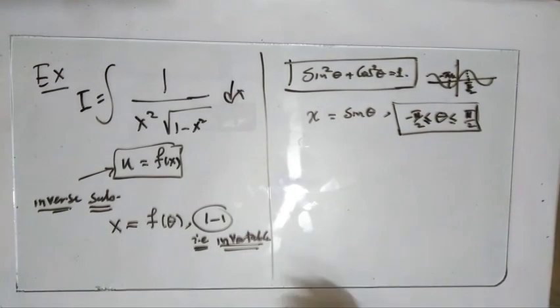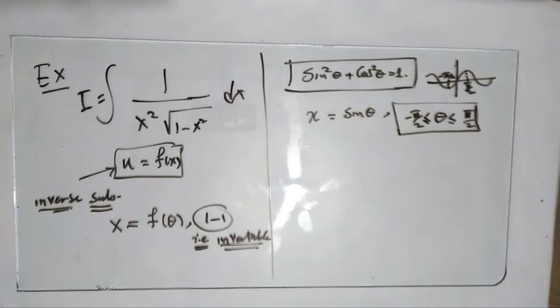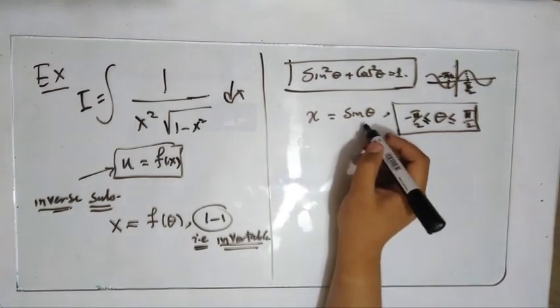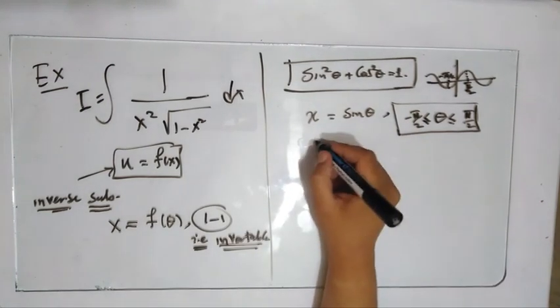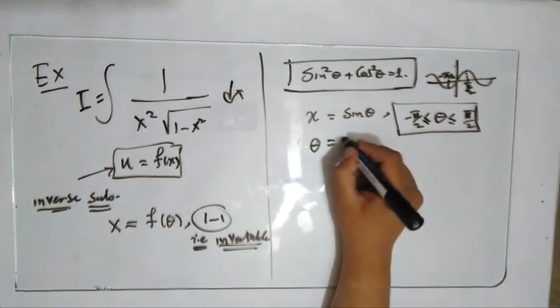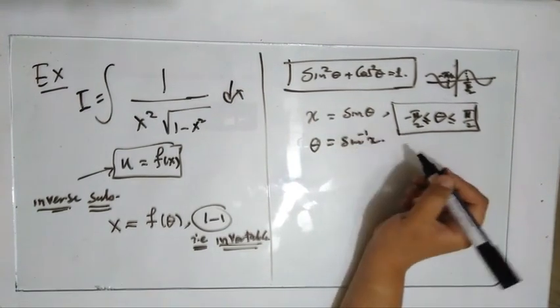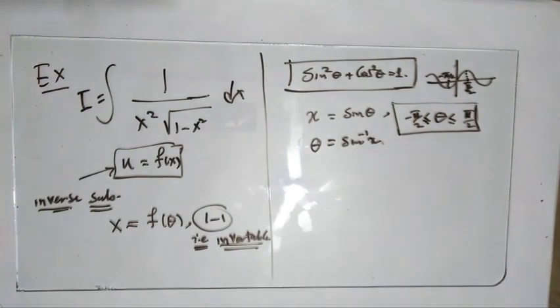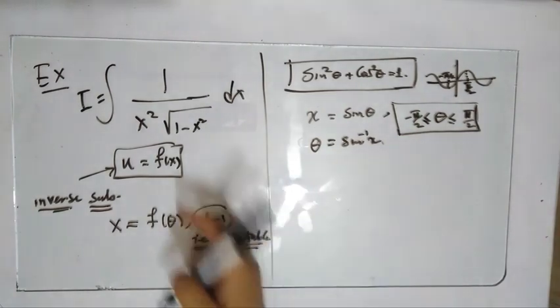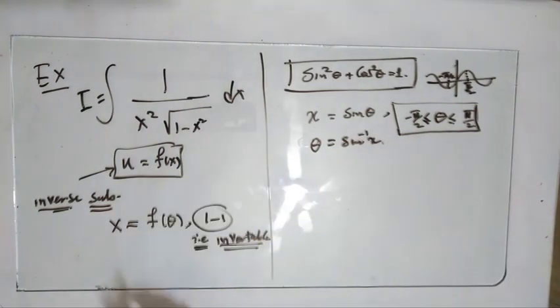And we will see why we need this restriction. I have two reasons for that. The first one is that you can talk about theta as a function in x, so you can write theta as sine inverse x. And the second one we will see in a minute. So now we need to get rid of this square root.